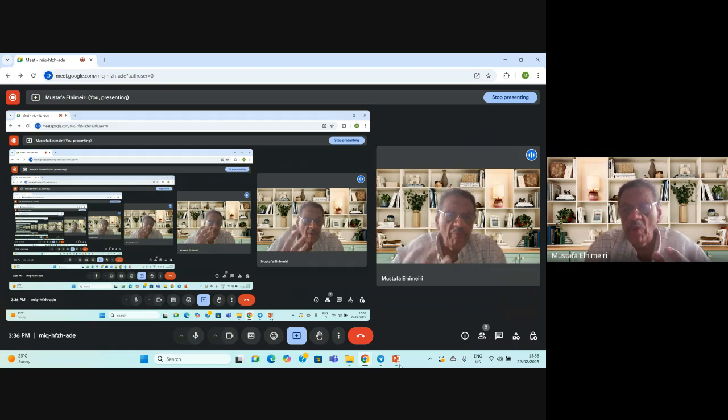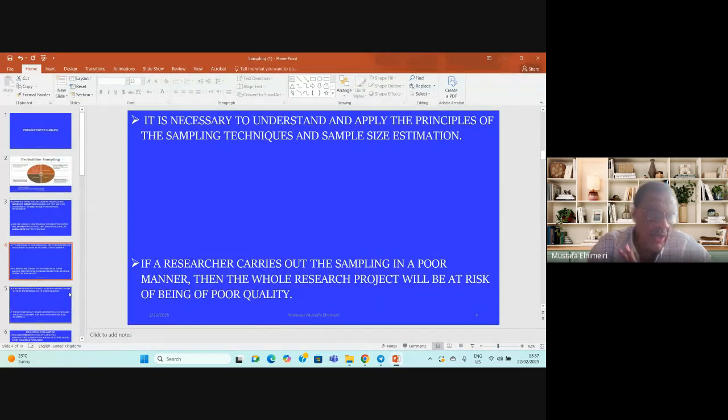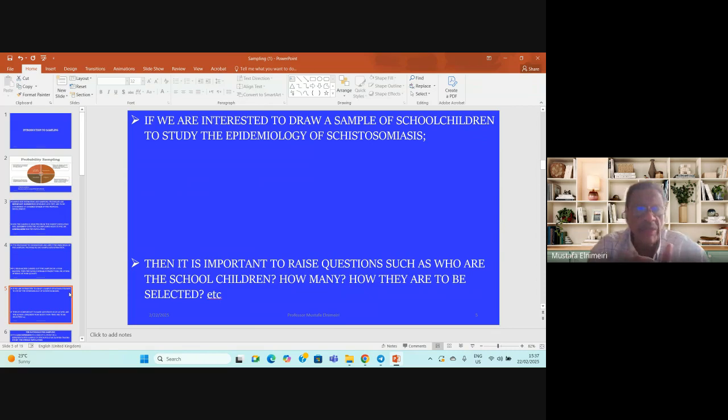So it's very important to understand exactly how to estimate the sample size that will be representative, and how to select the sample elements so that the sample will be representative of the parent population. This is a very important aspect that should be cared for by any investigator who is interested in conducting a quality research project.